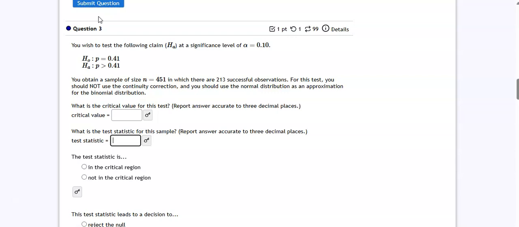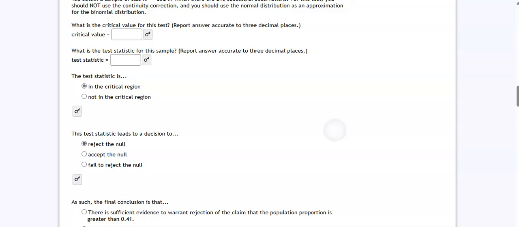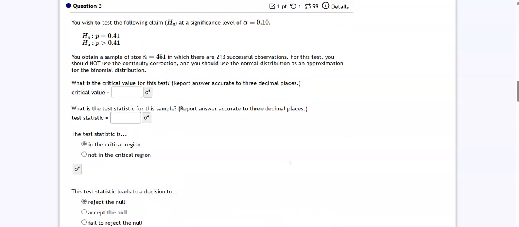So anything that falls to the right of 1.282, which our test statistic does, 2.690, is greater than the critical value of 1.282. So we will reject the null. Let's make sure we're putting these in the right place. This is our critical value. This is our test statistic. So 1.282, I believe, goes in the first blank. Let me go back.